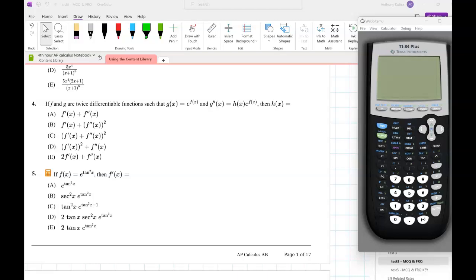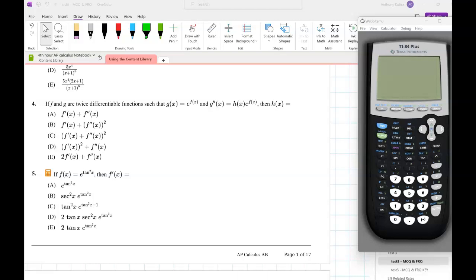Hold on. So it's this. So like, when you did the derivative of this, you got this, right? Yes. But where is? I'm missing another f prime of x. Okay.